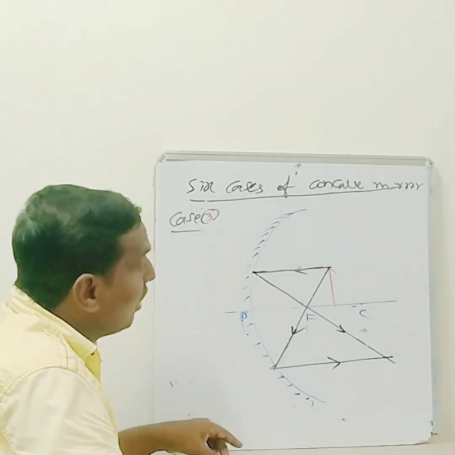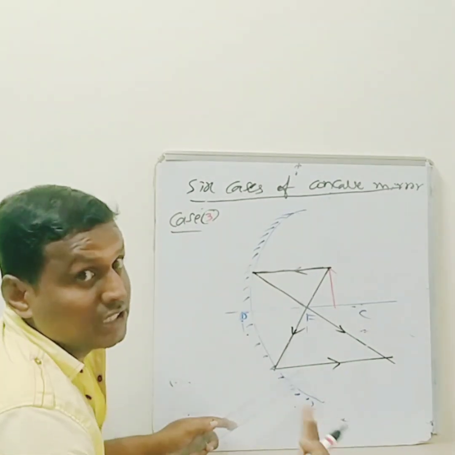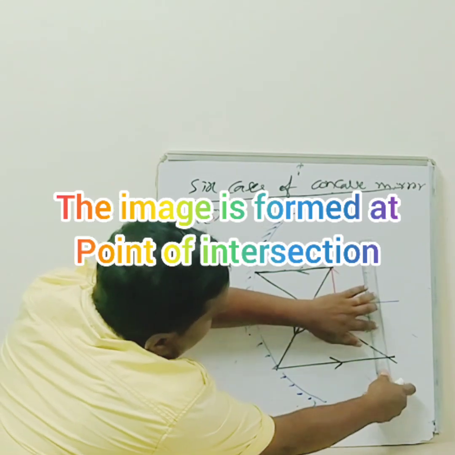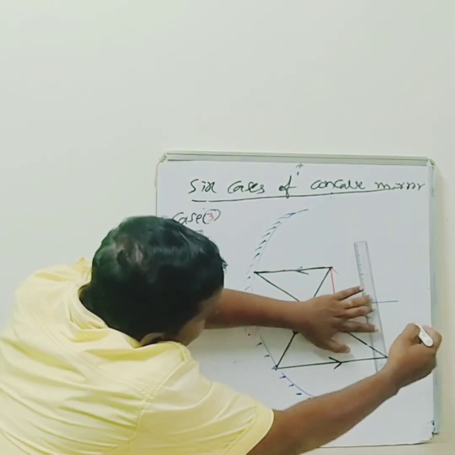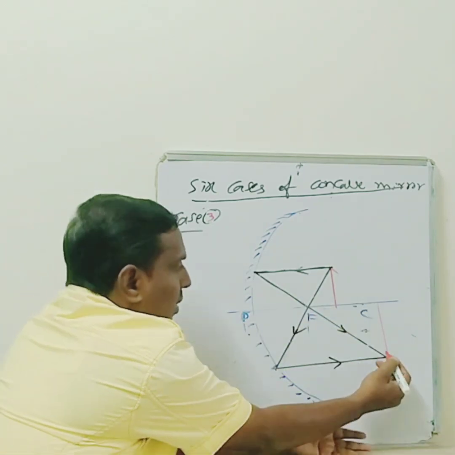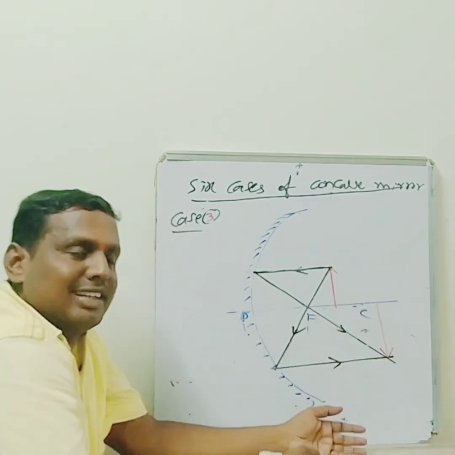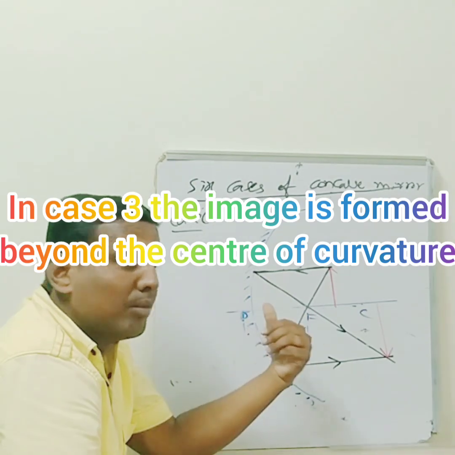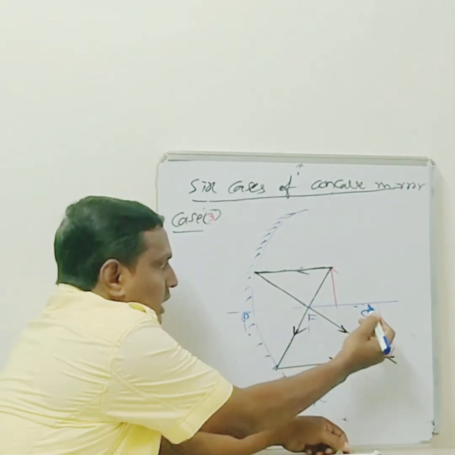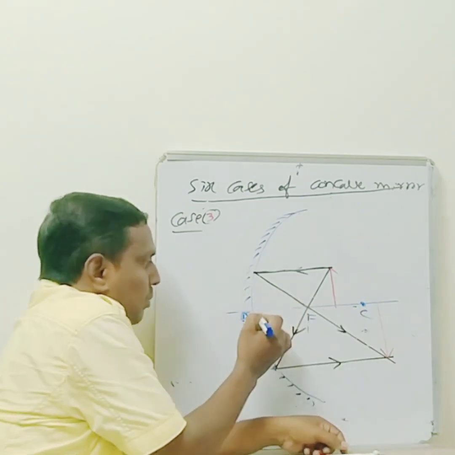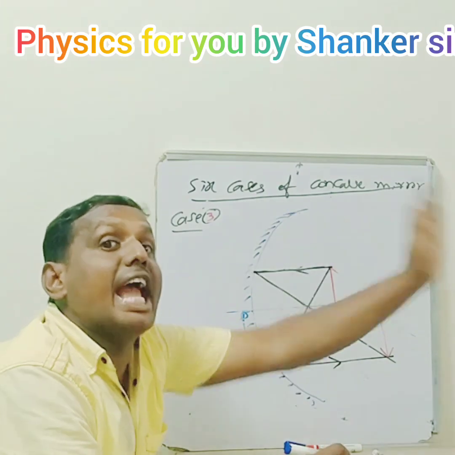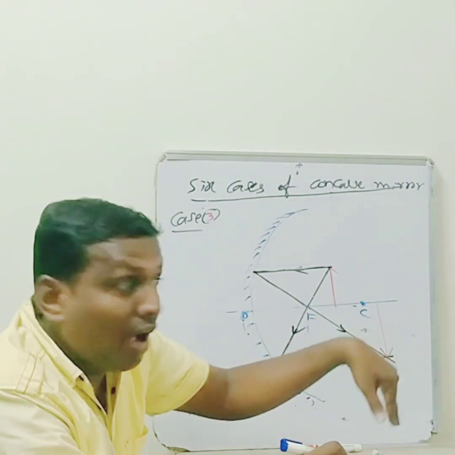Now we want the image. Where do we get the image? At the point of intersection. So we get the image exactly here. Clear? Where is the image formed? Beyond the center of curvature. Because this is the focus, this is the center of curvature, and here we have the pole. So the image is formed beyond the center of curvature.